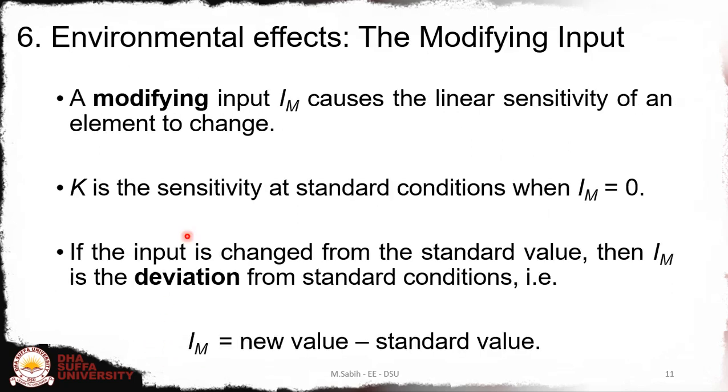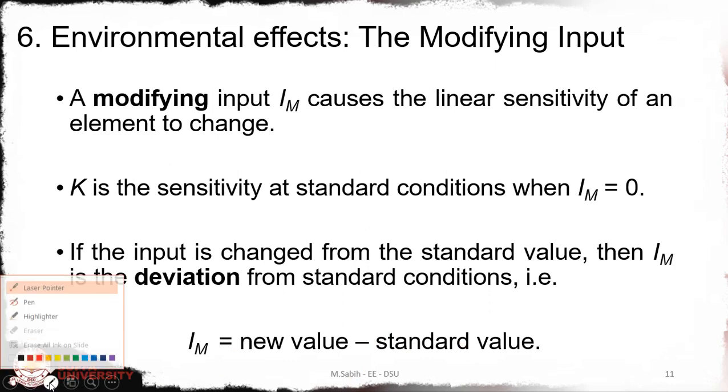It means that the modifying input, which is labeled as IM, will change the sensitivity. So if K is the sensitivity at standard conditions, when IM equals 0, remember that the modifying input is basically the deviation. If the input is changed from the standard value, then IM is the deviation from the standard conditions, meaning the new value minus the standard value.